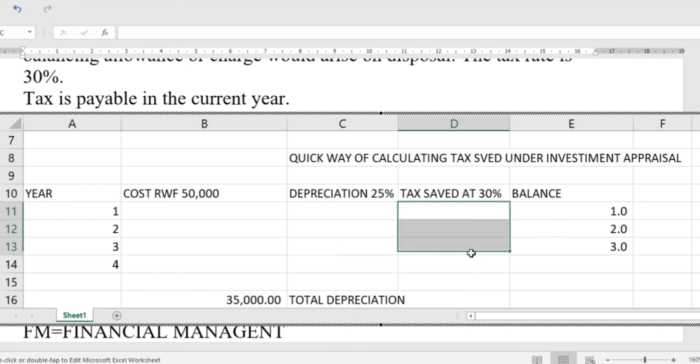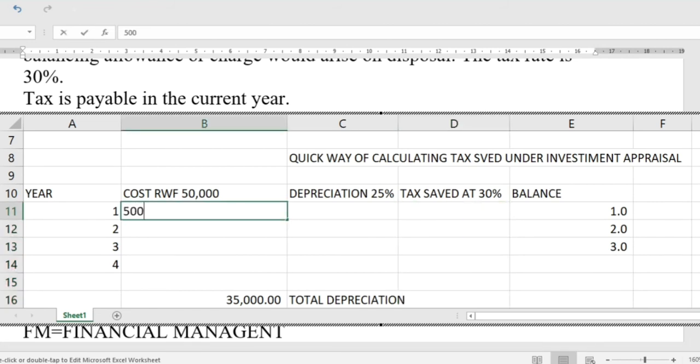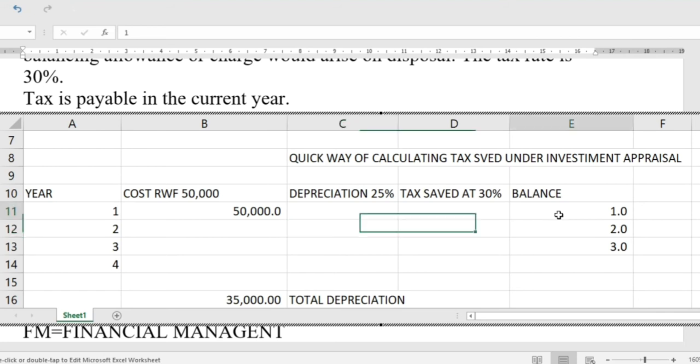Let me show. First of all, we have 50,000 francs, which is equal to the original cost of the machine. Let me call the values A instead of calling the numbers.